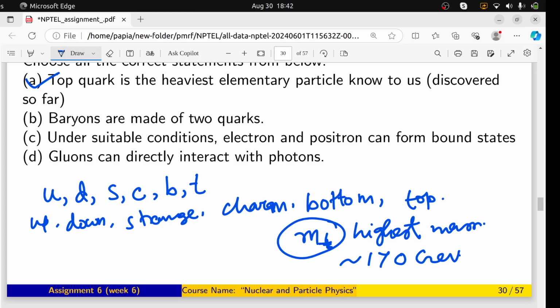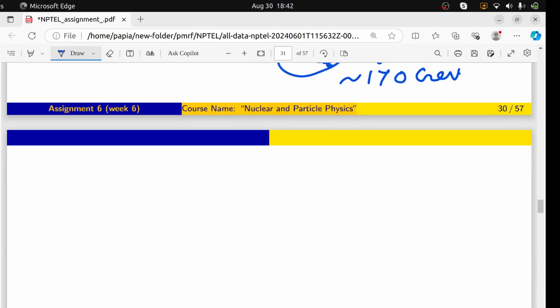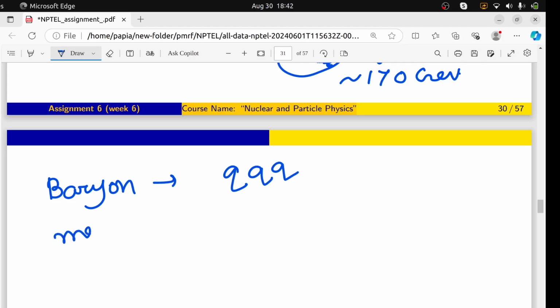Baryons are made of 2 quarks. Obviously this is not right, because baryon is nothing but q q q. For meson it is q q bar.